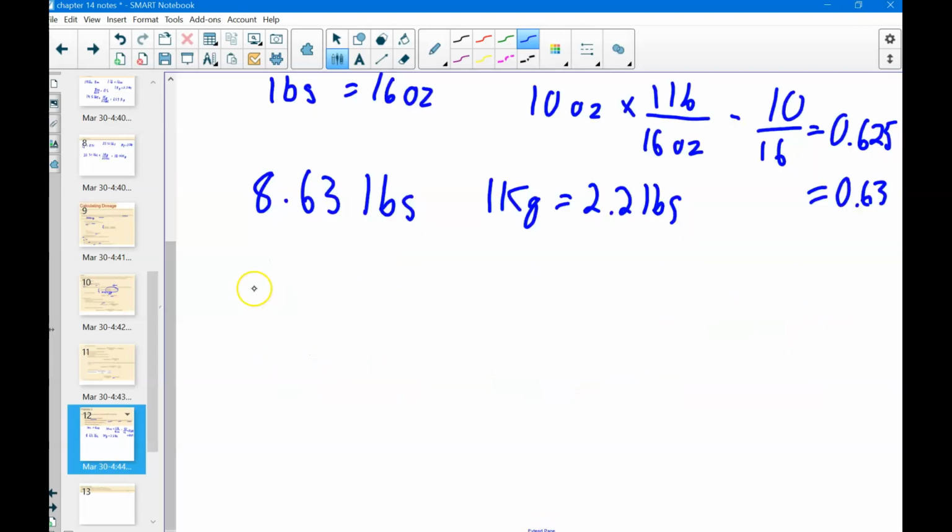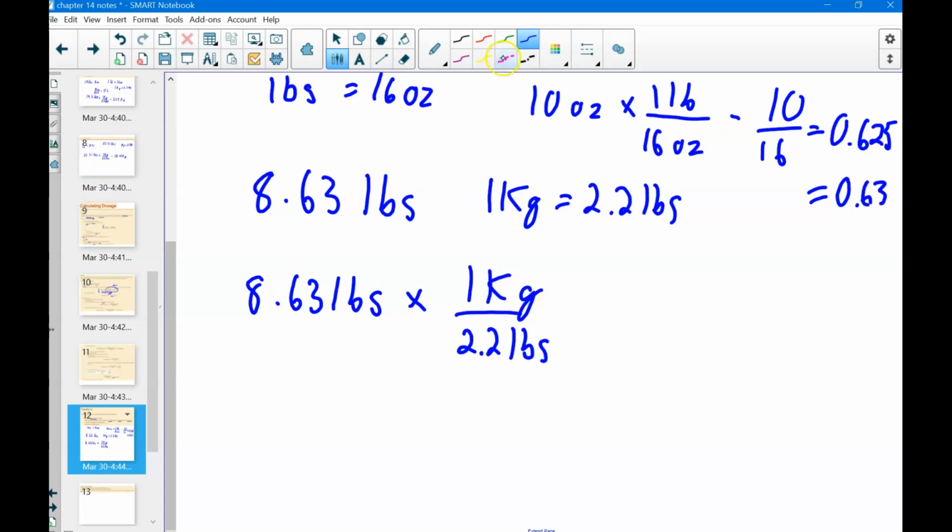So we have 8.63 pounds multiplied by 1 kilogram. We're converting into kilograms because our dosage is given to us in kilograms. 2.2 on the bottom, and pounds cancel.